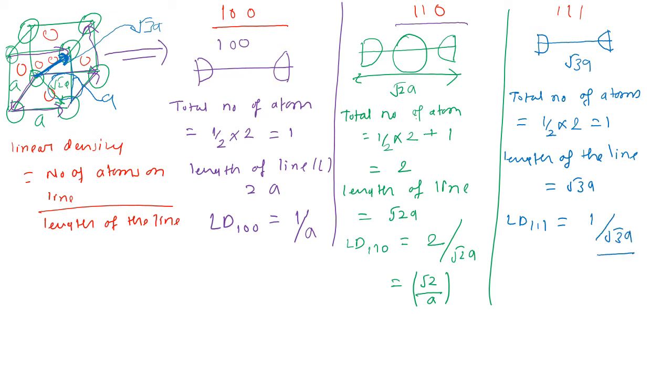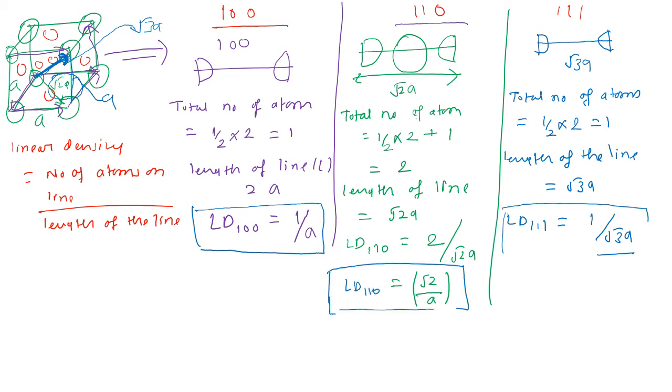Now see, this is the linear density for 100, this is the linear density for 110, and this is the linear density for the 111 direction. Now if we observe, the maximum density is for 110, and the order goes like this: the linear density of 110 is larger than the linear density of 100, then the linear density of 111.